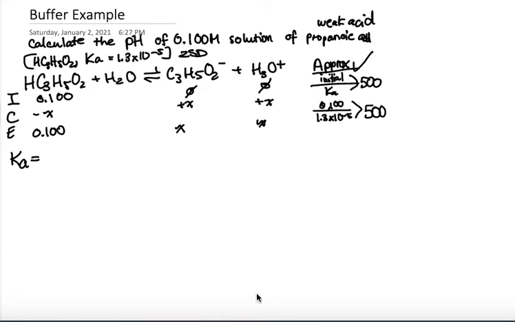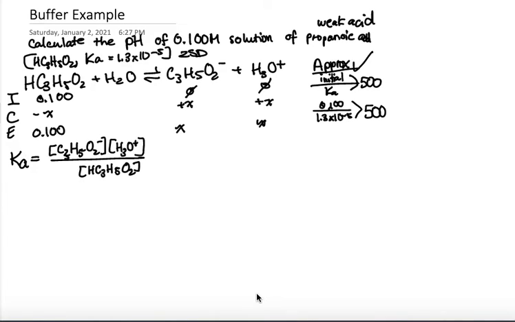And we know that Ka is equal to our products, which is the conjugate base of propanoic acid and hydronium, all of this over the reactant of propanoic acid. Water is ignored because it is a pure substance.